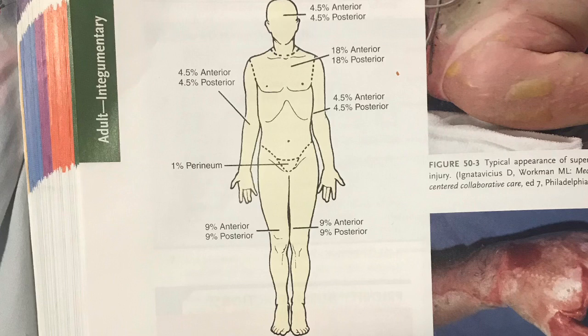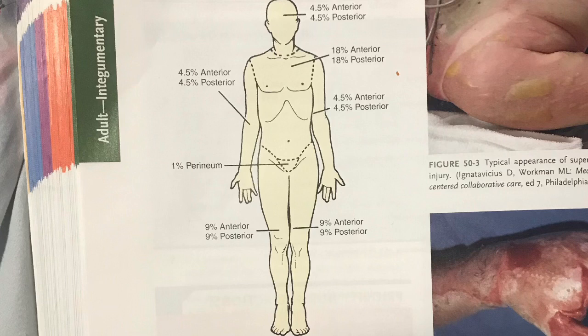So if you have burns on, let's say, the 2 anterior parts of the leg, that would be the left and the right, that would be 18%. And if it went up into the perineum, that's considered 1%.